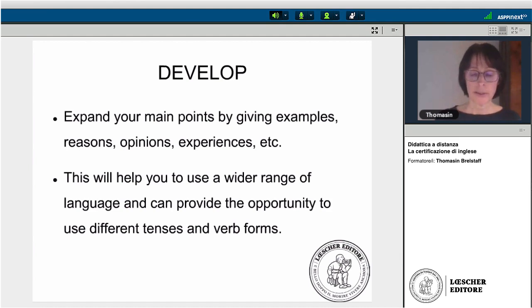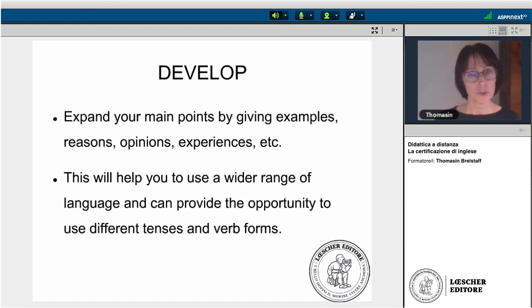For example, if I say next summer we're going to Barcelona, I've never been there before, but 2 years ago my friend went and she loved it.